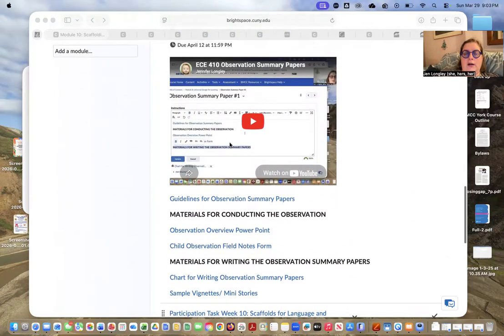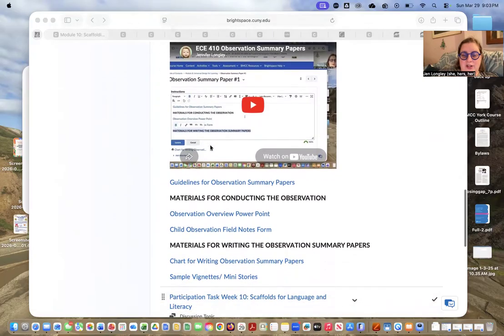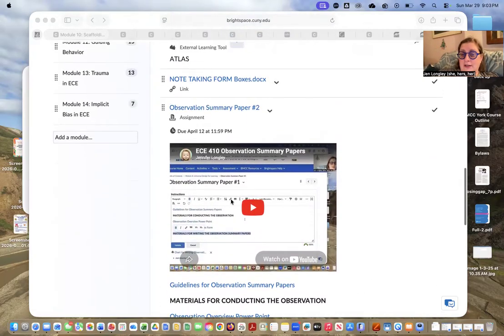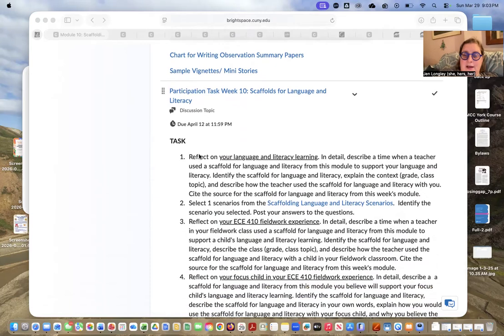So you've created observation summary 1, you're finishing that, and now you're doing observation summary 2 for your focus child. It's an observation, same child, just part 2 from your field work. And then you're doing the participation task for week 10.